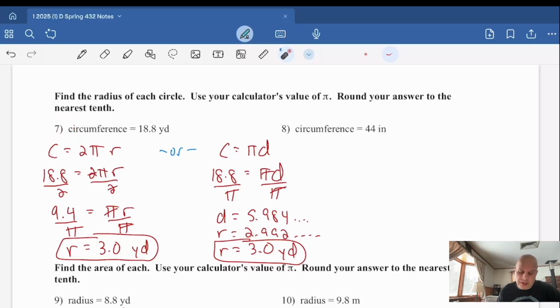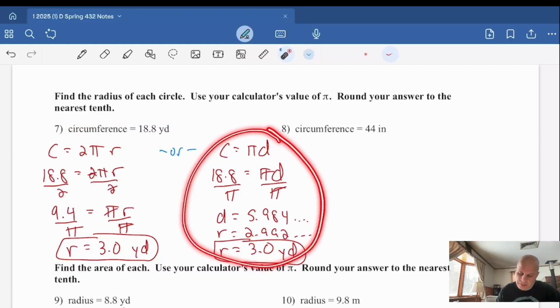For number 7, we were given the circumference, and we had to find the radius. Now, once we know the radius, we can use that to find the area. So I'm going to use this method to figure out the radius.